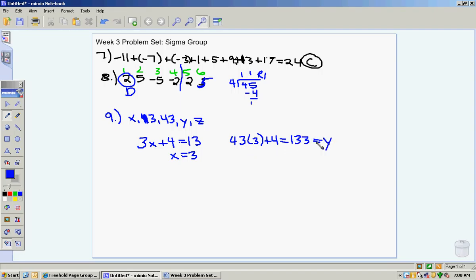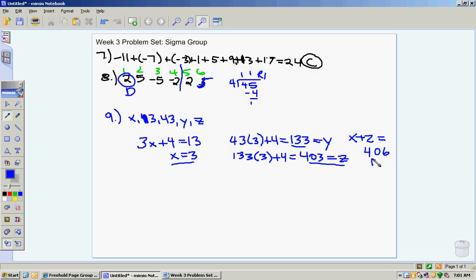We're going to multiply it by 3 and add 4, and that gives us what z is, which happens to be 403. And we want to know x plus z, and we have 3 and 403, so that's going to be 406, which is answer choice D.